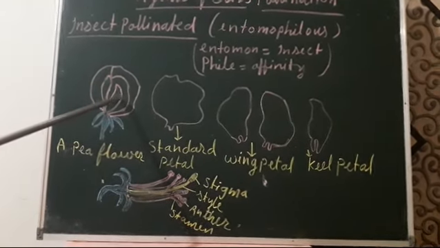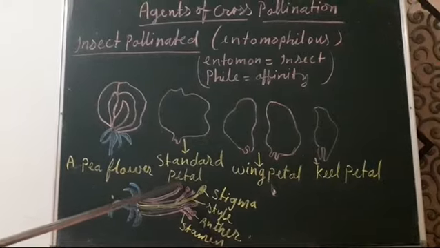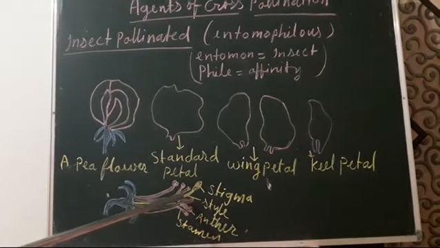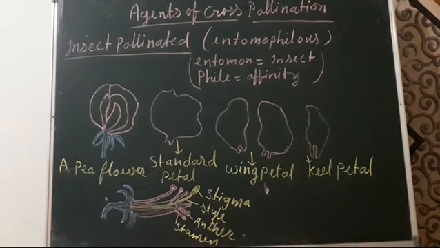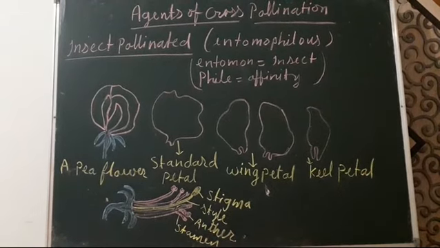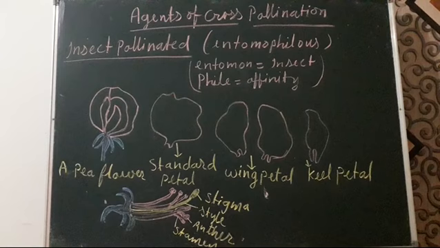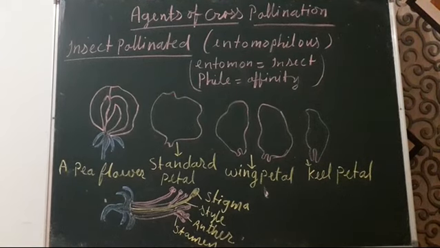In turn, that insect may carry the pollen grain from this flower to another flower, because the insect doesn't visit only one flower or two flowers. It may visit a number of flowers to get the nectar.